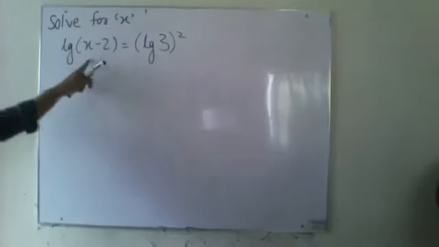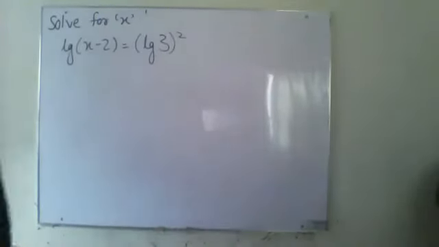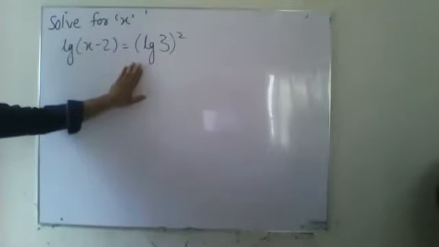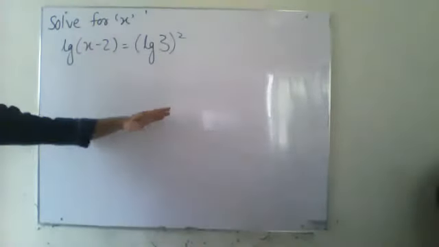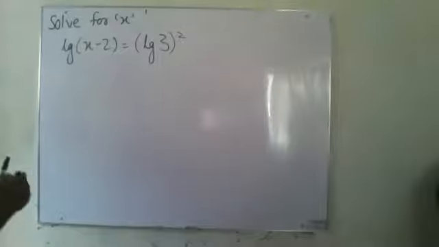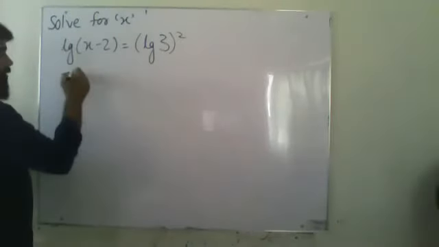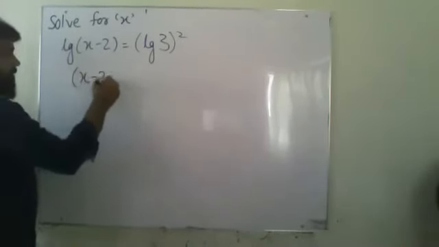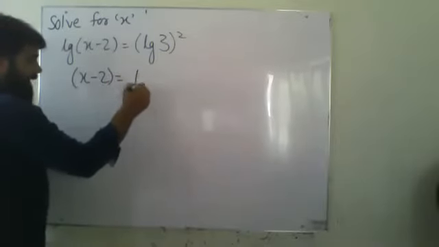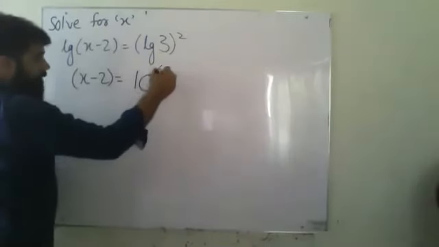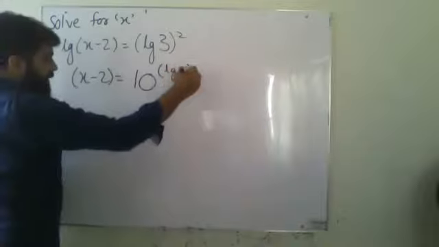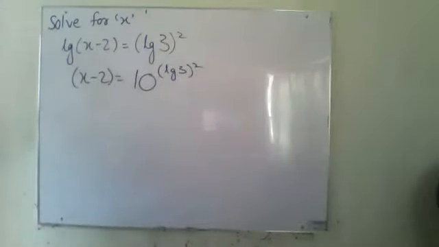This is my new question, and again I have to solve it to get the value of x over here, right? You can solve this thing in the first place, then start shifting the things. I'm doing it directly. First of all, I'm shifting lg over here. This will become 10 to the power (lg3) whole square.